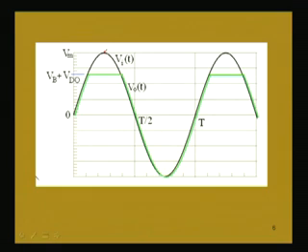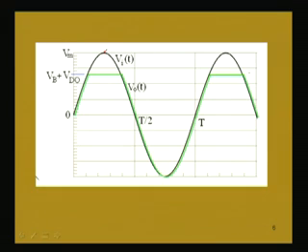Then from this point downwards, again Vi becomes less than Vb plus Vd naught, so the diode is not conducting. Output voltage and input voltage are exactly equal, and this will continue like this.